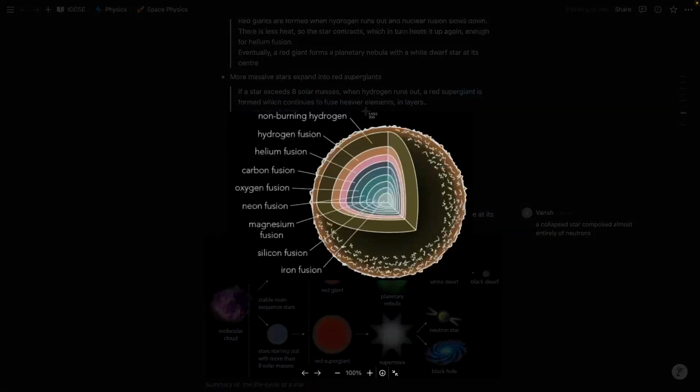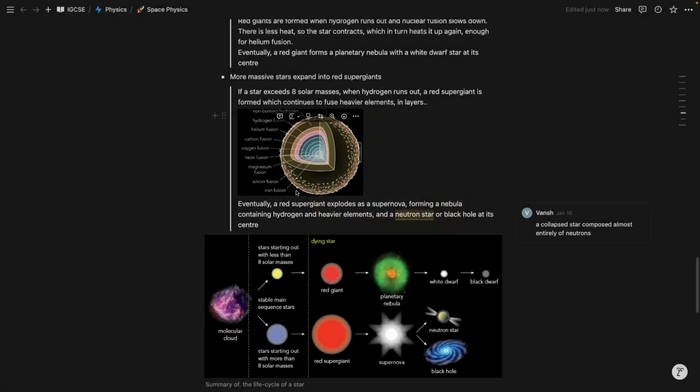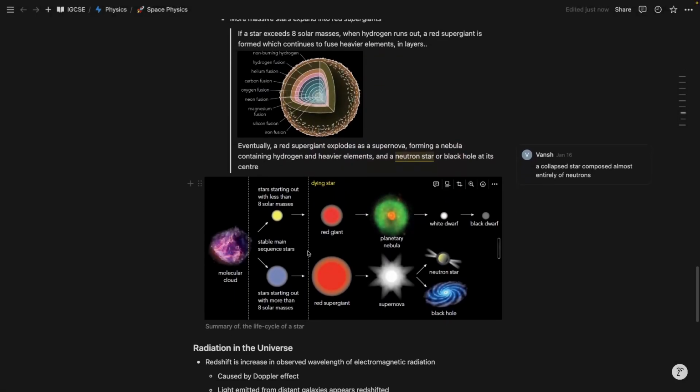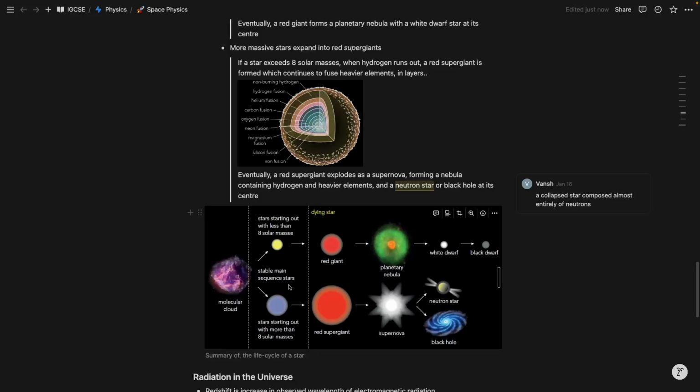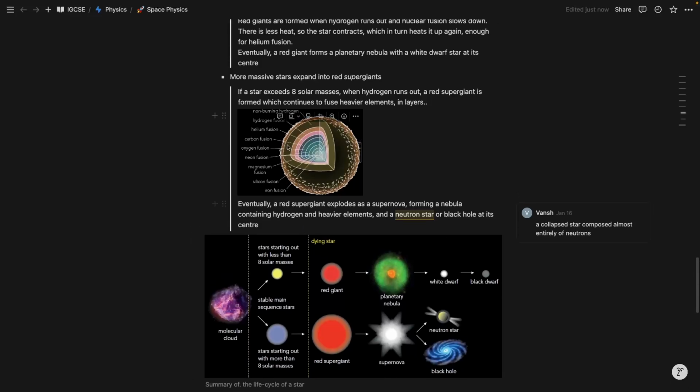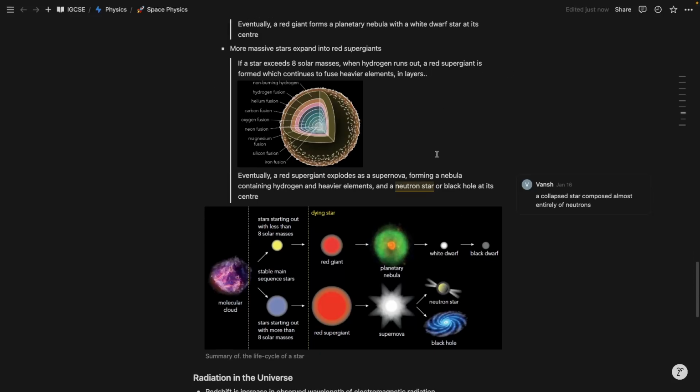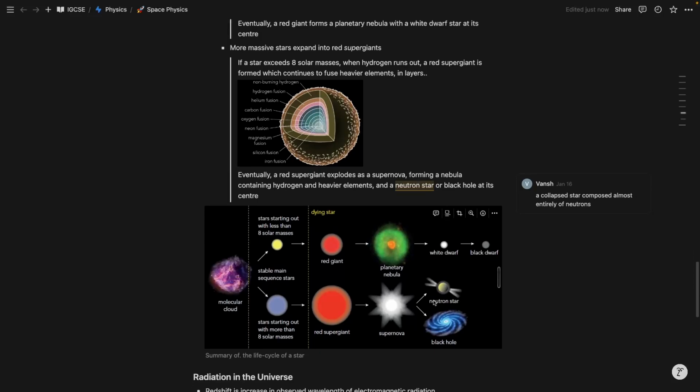You can see hydrogen, and there's helium and carbon and oxygen and all of these different elements within the core of the star. So this red supergiant would undergo a supernova one day when no more fusion can happen after a lot of compression. And there are two possibilities: a black hole or a neutron star, which will be formed at the center of the supernova.